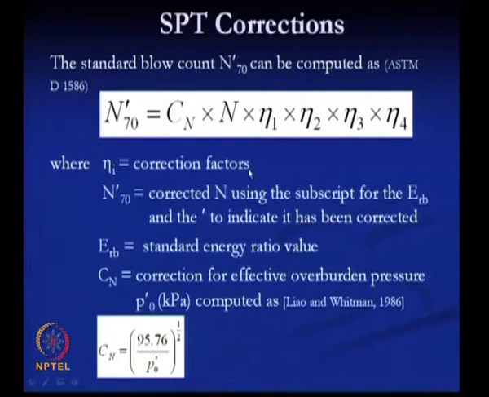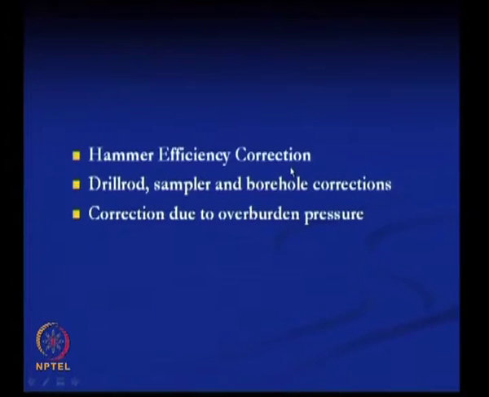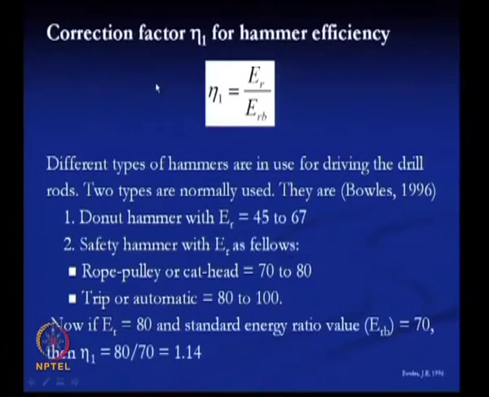Now, for N1, the other correction factors are due to several factors that I will explain. The first one is the hammer efficiency correction, then the correction due to overburden pressure, and then the other corrections are the corrections due to drill rod, sampler and borehole. Now, how will we get the correction due to hammer efficiency?